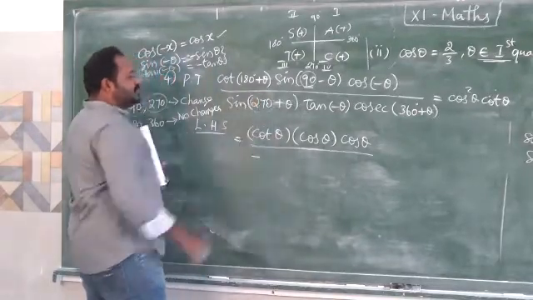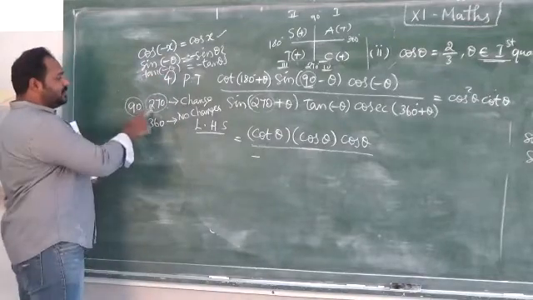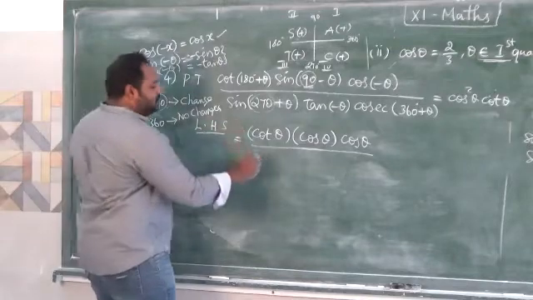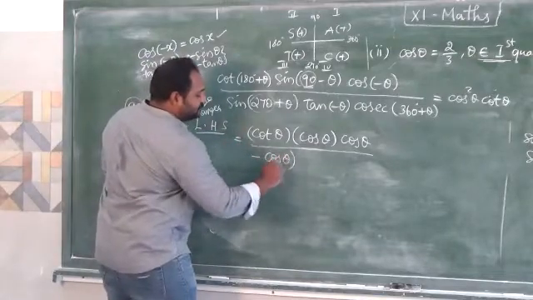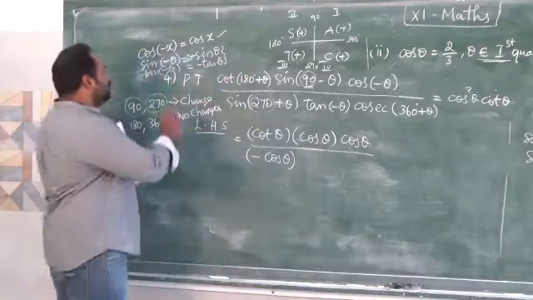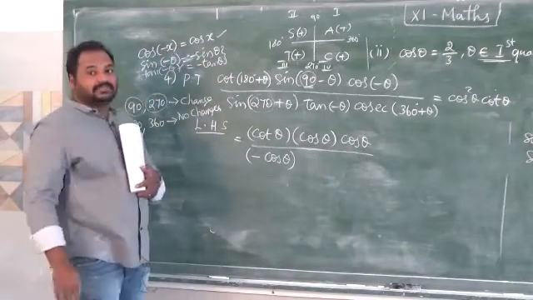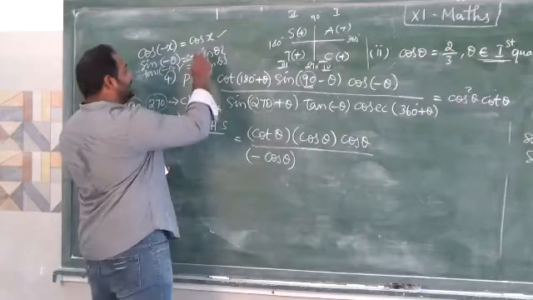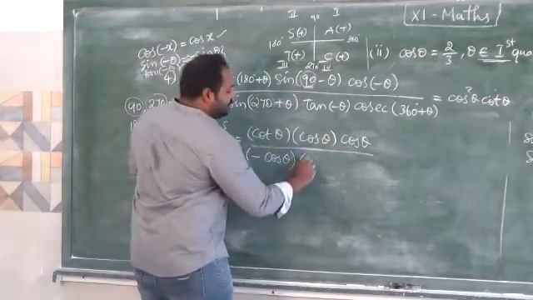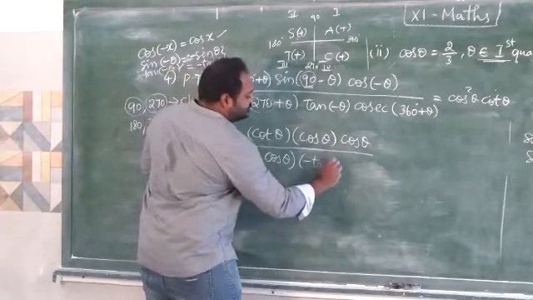As soon as you see 270, immediately you have to remember that we have to change the ratio. So sin into cos theta. Next, tan of minus theta. When you have a negative in the theta place, for tan and sin the whole function will be negative. So tan of minus theta will be minus tan theta.